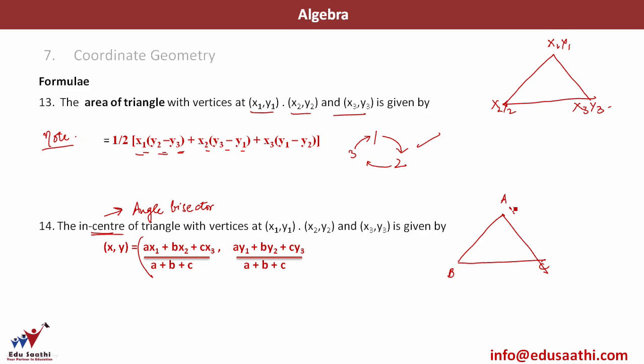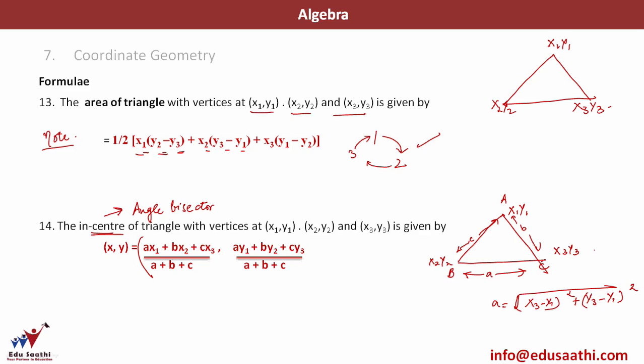So if you look at the figure on your right, which I am trying to make, these will be the three coordinates which are given to you. The first thing that you have to do is find out the lengths of the three sides. The length of the three sides would be found out by using the distance formula. So I hope you remember the distance formula. We have done it in this presentation only.